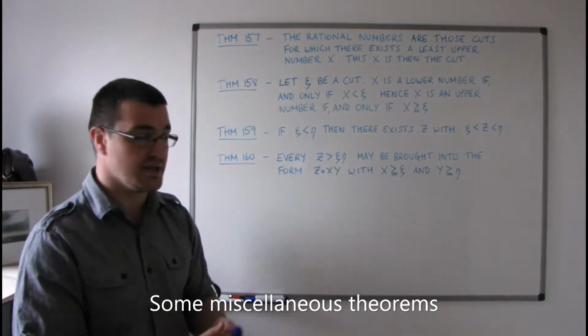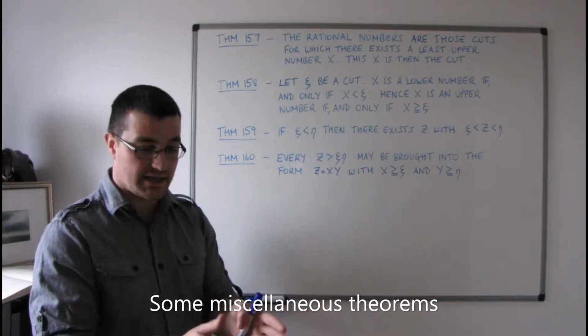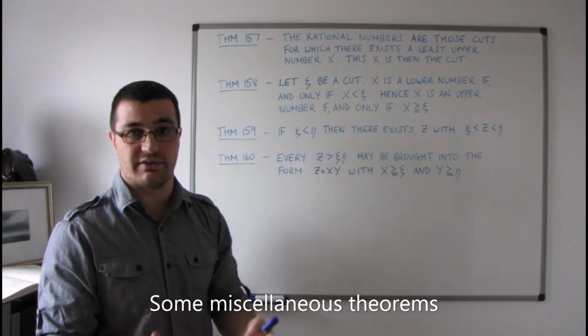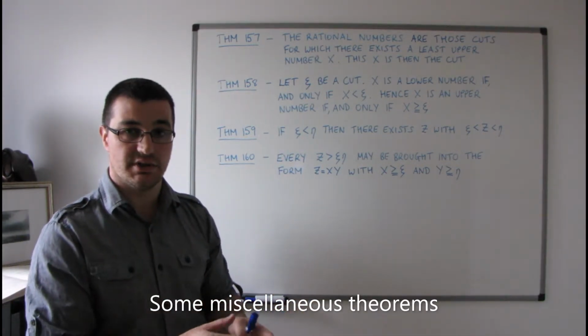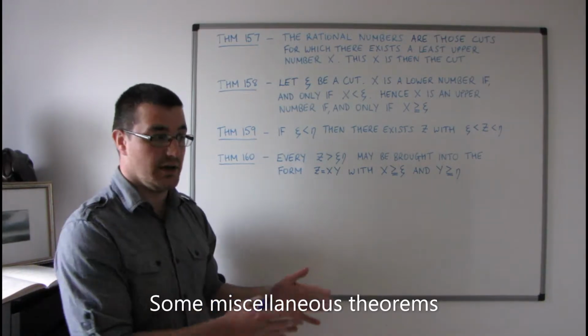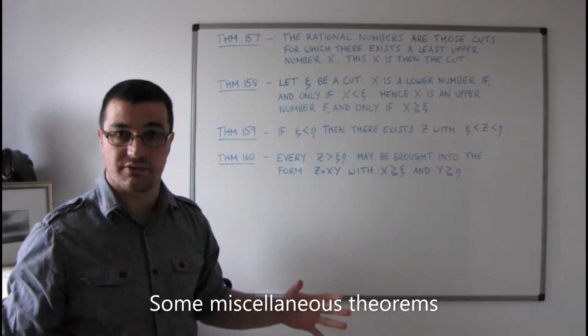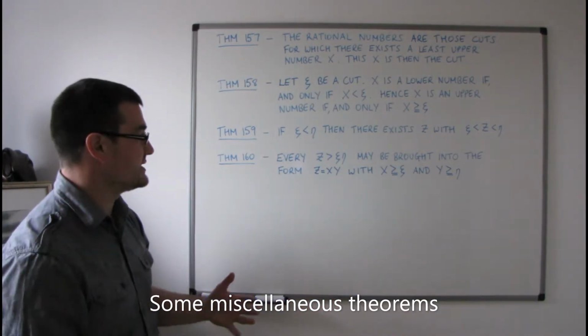These rational numbers are basically everywhere between any two non-equal cuts. You're always going to have one, in fact you'll have an infinite number of rational numbers. So they're really quite thoroughly spread throughout this set of cuts. There's not really any way to escape them, in a sense.